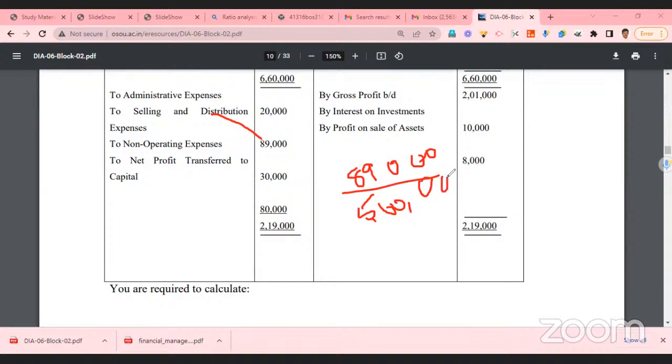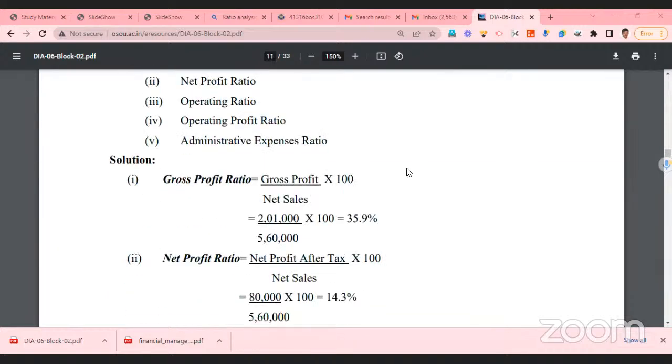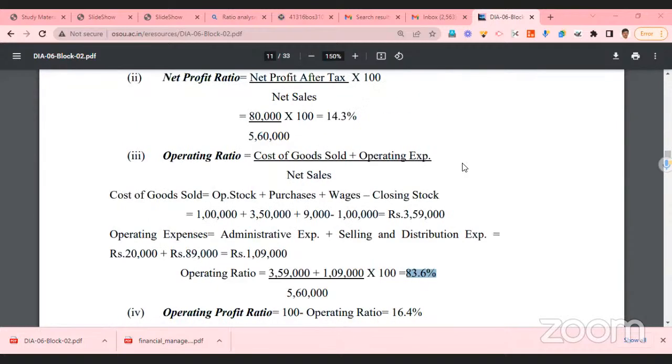Then you know the selling and distribution expenses ratio. So we can calculate n number of expense ratios as per the management's requirement. Any doubts here?